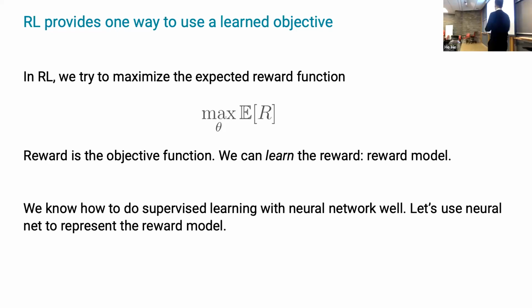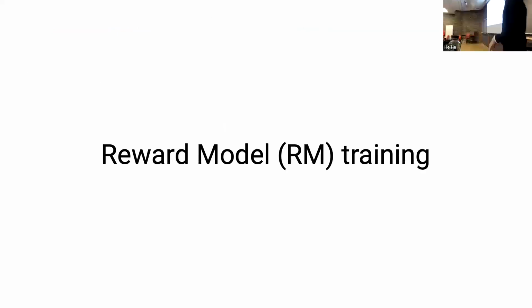So what do we do well? As a field, we know how to do this very well: use a very big neural net to do supervised learning on a relatively well-defined problem. This is the expertise of humanity at this point. So why don't we use what we do well to learn the reward model? That's the idea here.